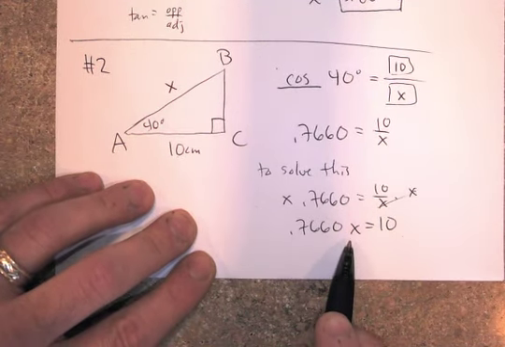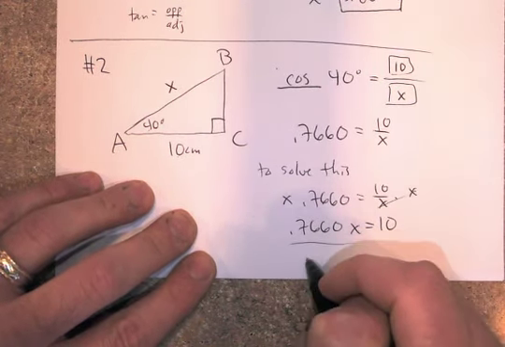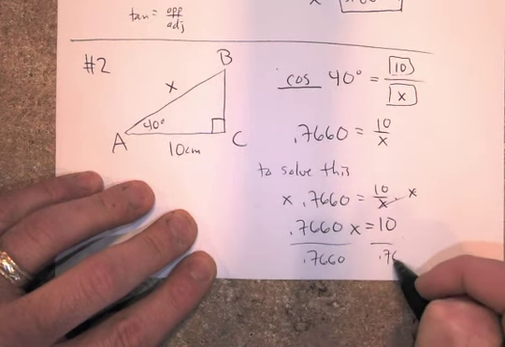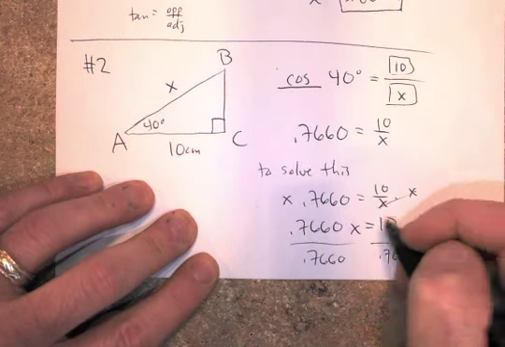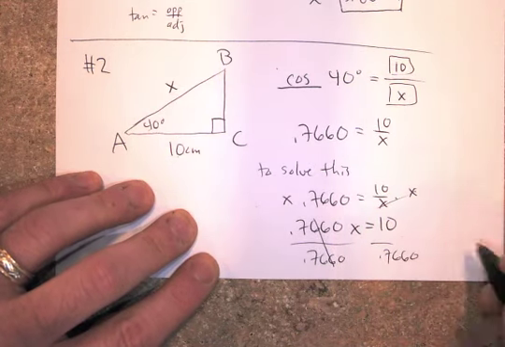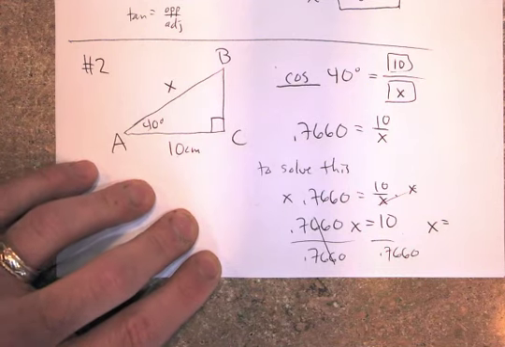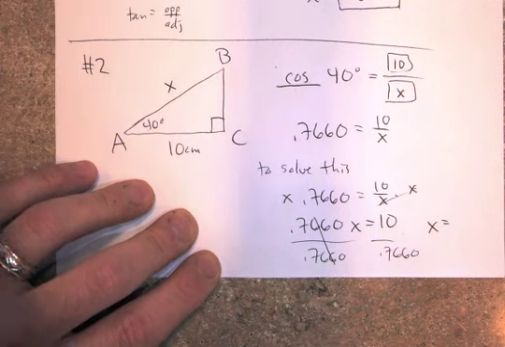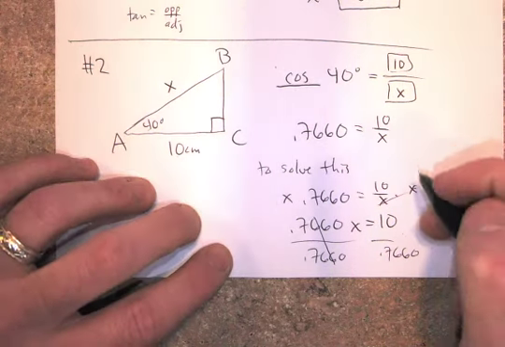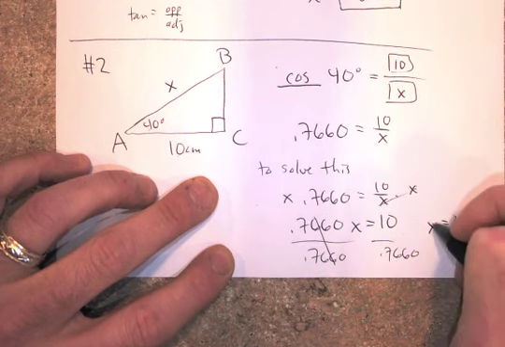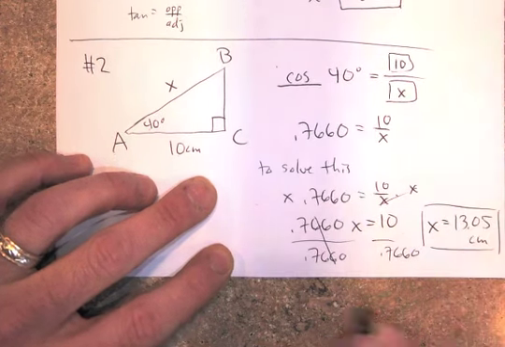Now I can solve for it. Divide each side by 0.7660. All right, boom, cancels out. Now we've got our answer. X equals 10 divided by 0.7660. Okay, I get 13.05. We can just go 2 decimal places on that answer. That's fine. That's the answer.